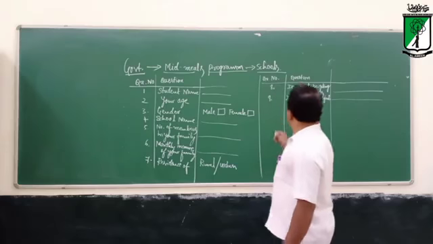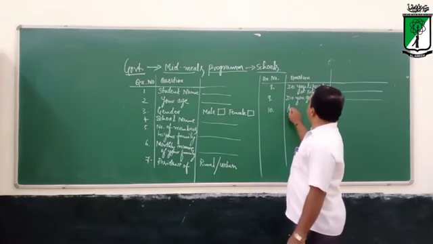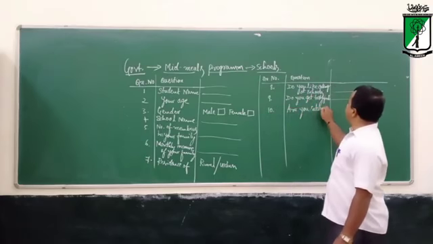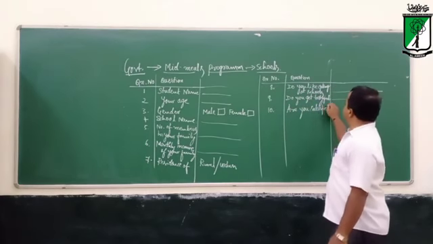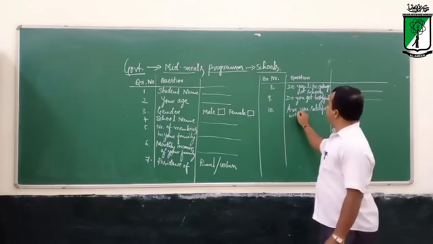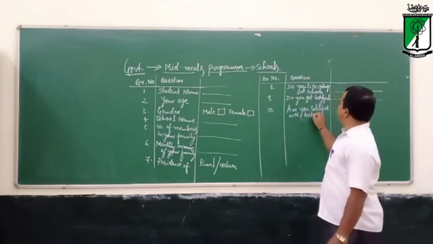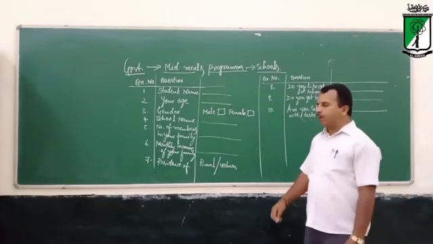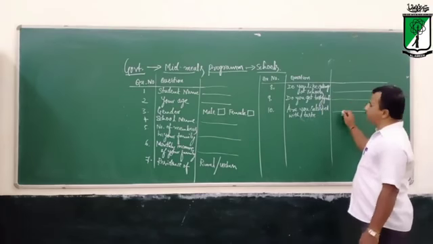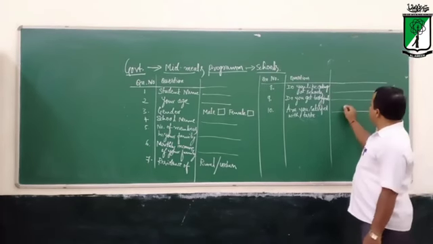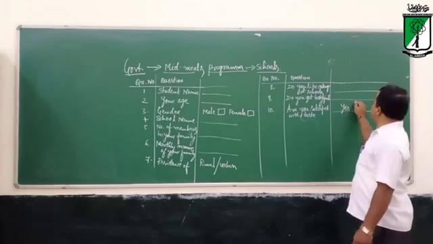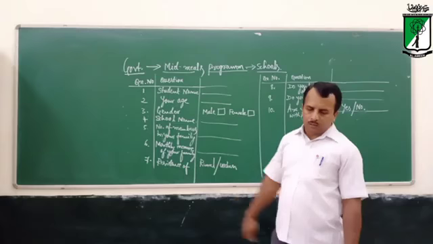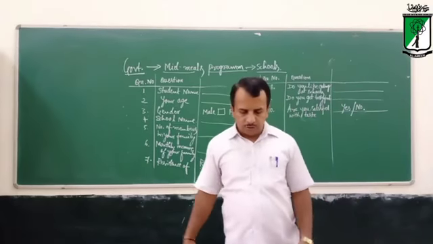And are you satisfied with the taste? Yes or no. Here also you can give options, or they can also directly mention yes or no. Likewise, if options are given, they'll take whichever is applicable or which they wish.